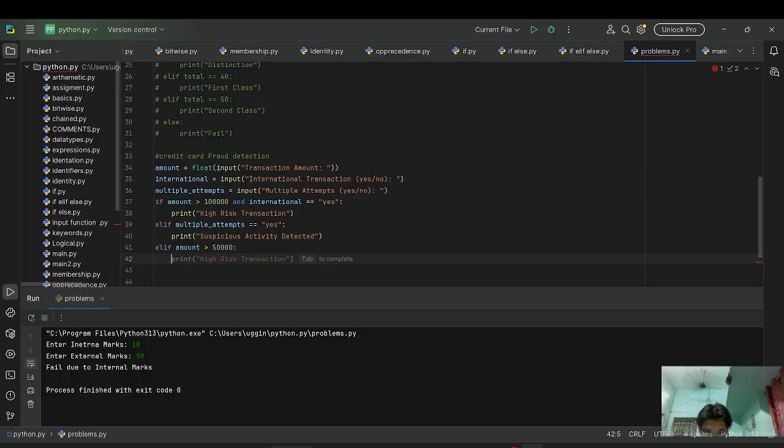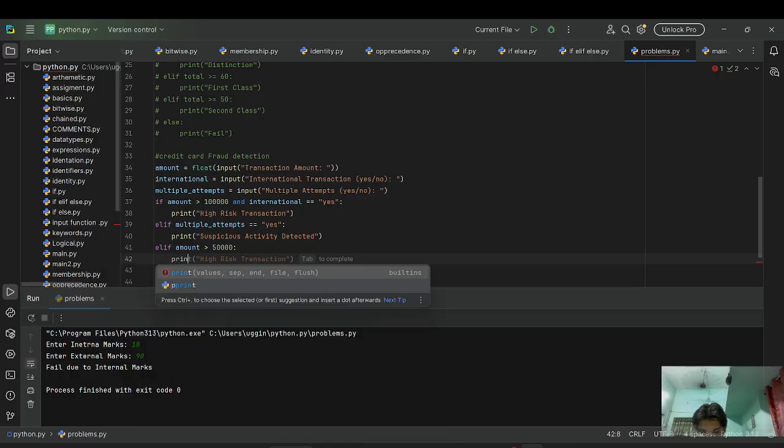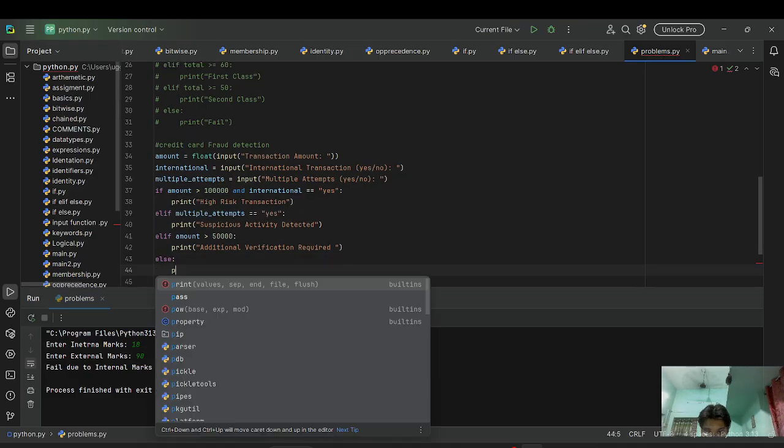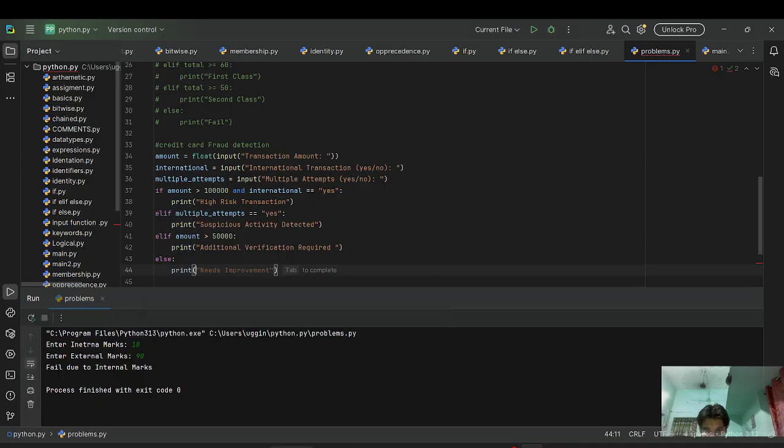Let's print here additional verification required. Now let's write the last condition, else, transaction approved.